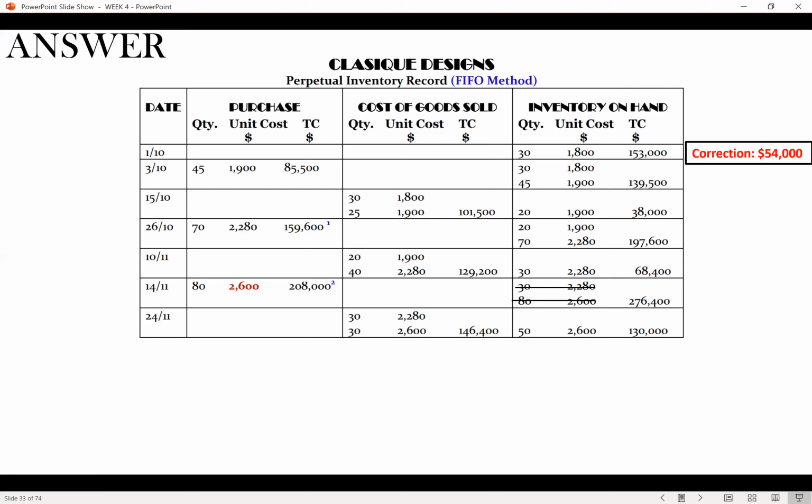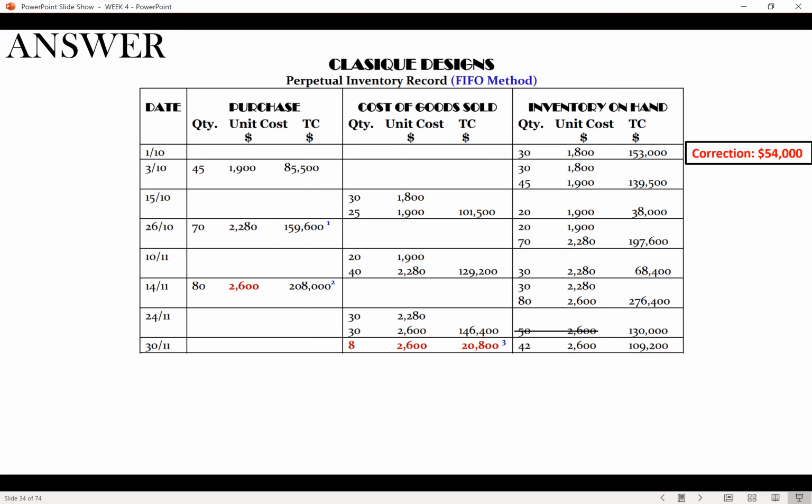If it were stolen or if it was sold, it's going to cost the business. So the best column to make this correction is our cost of goods sold. That difference of 8 goes in our cost of goods sold. Whether it was sold or stolen, it's still a cost to the business.